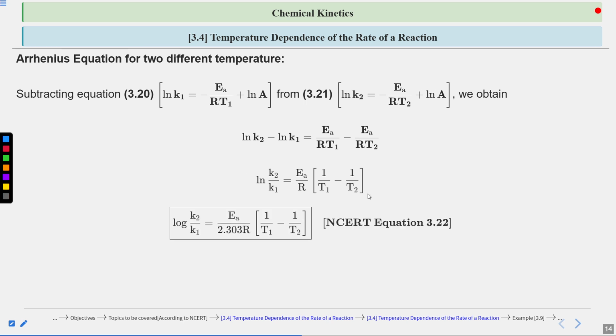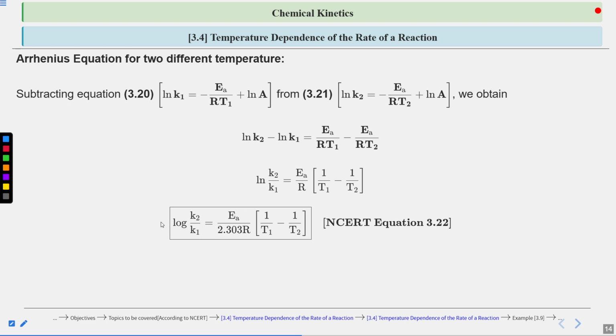You can take this equation in the ln form, or if you want to convert it to the log form, you multiply by 2.303 to convert ln to log.